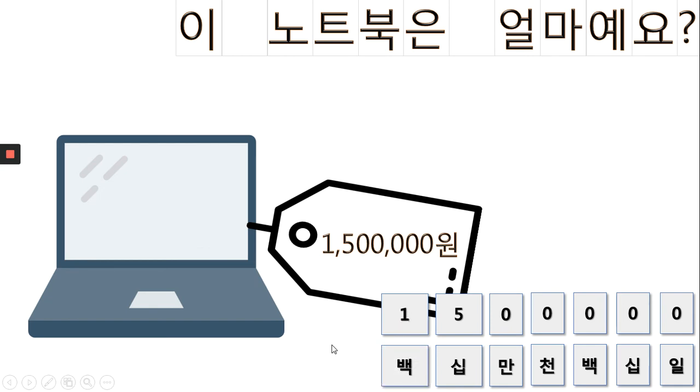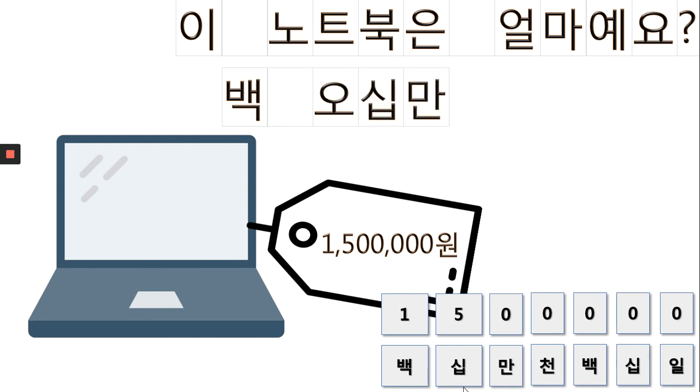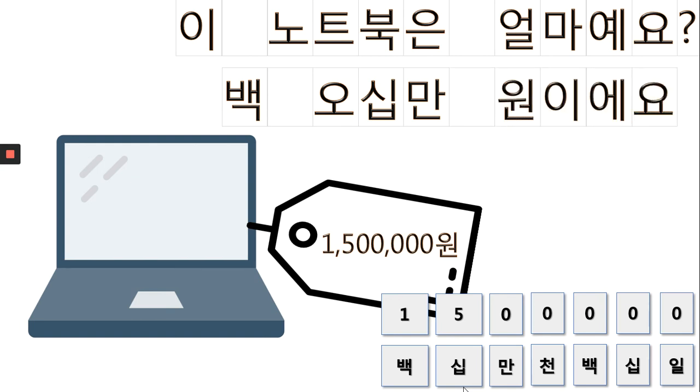And 1000만, 억, and so on. So this is 100, okay? 100 and 50만. Just 100, no 일. 150만. Do you understand? 150만 and 원이에요. 이 노트북은 얼마예요? 150만 원이에요. Okay, about 1,000 US dollars.